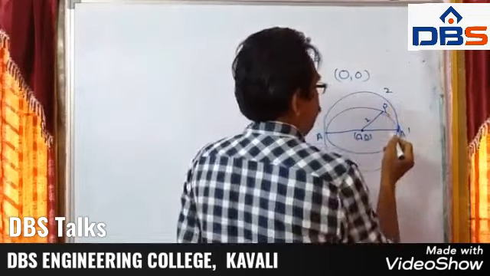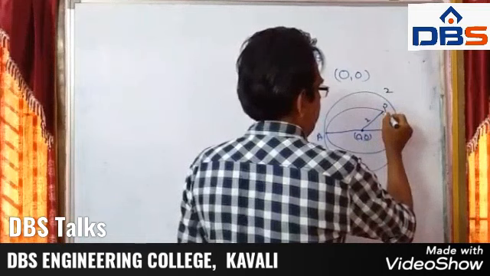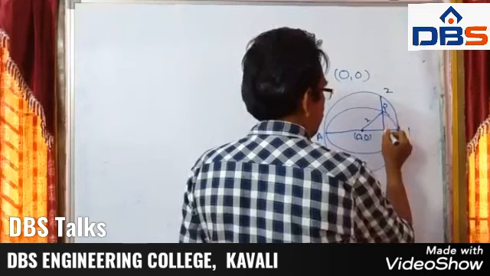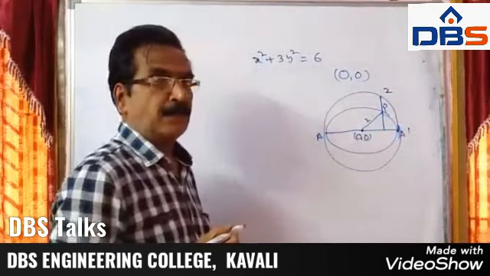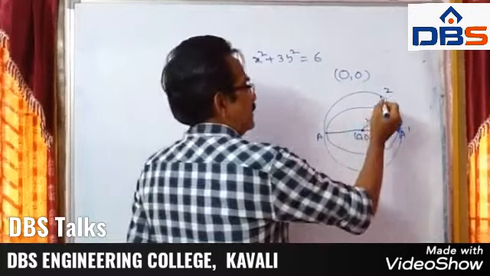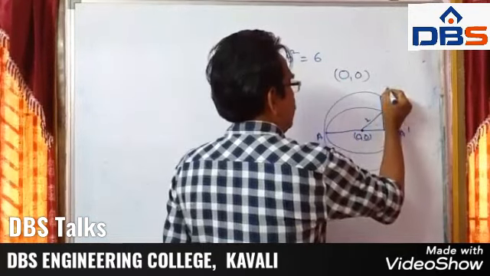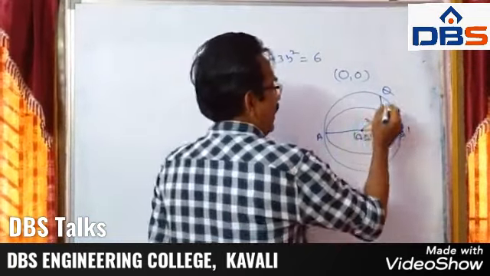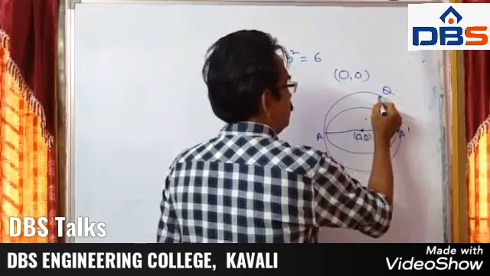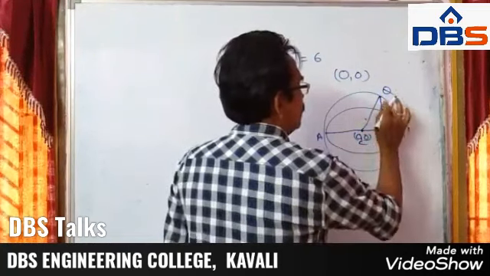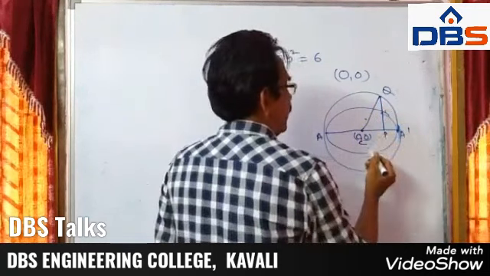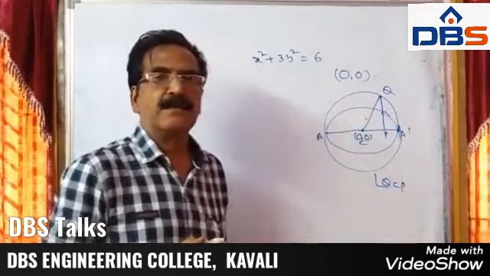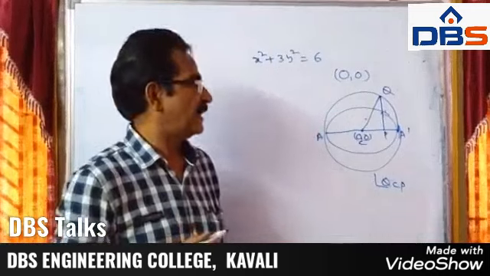If we draw a perpendicular from point P, say this perpendicular touches the circle at Q, then angle QCP, where C is the center, is called the eccentric angle.